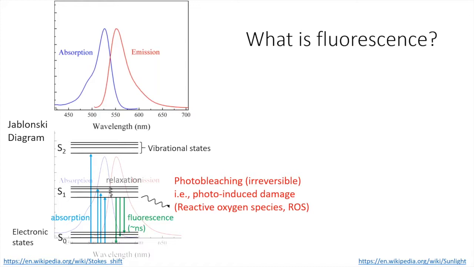Oftentimes it's from reactive oxygen species, ROS, which can interact with your chromophore and destroy the structure. And then you will not see the fluorophore anymore. So this creates the idea of a photon budget. For one fluorophore, oftentimes the photon budget is 1 million photons.